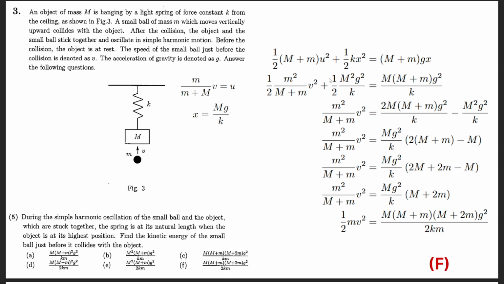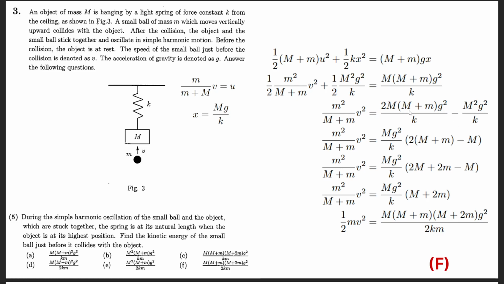So we move this to the right side, so it becomes minus. To make our life easier, we multiply all of this by 2 to get rid of this 1 over 2. So this becomes 1, this becomes 1, and this becomes 2. So that's why it became 2 here.